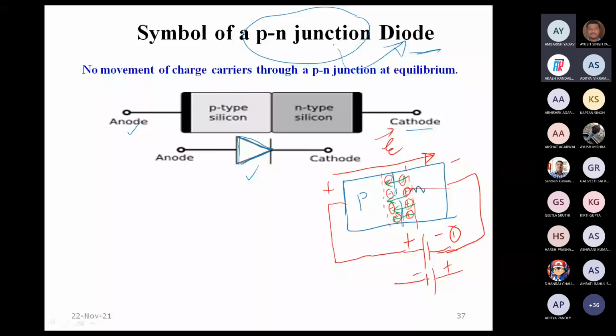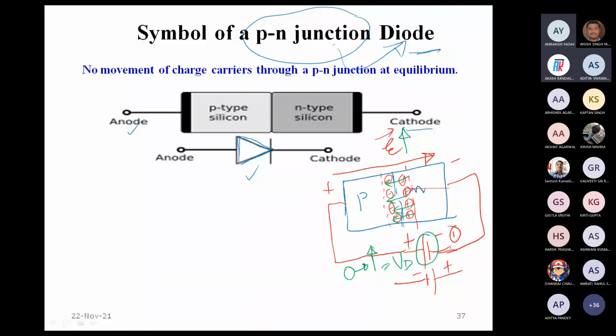In the starting, suppose we have a potential source V here, sometimes also called VD. Suppose VD is initially equal to 0, and from 0 it is increased to some value. 0 is equivalent to not applying any voltage, and if we apply some voltage, then this electric field strength is going to increase.